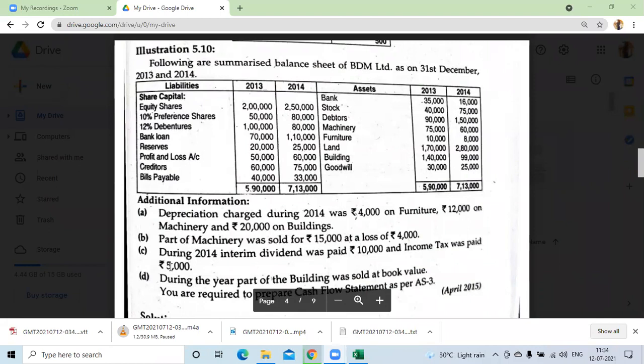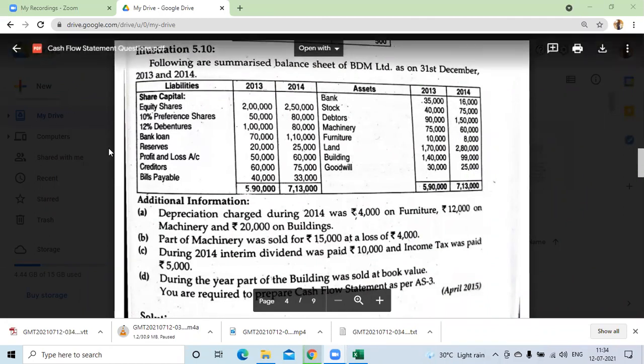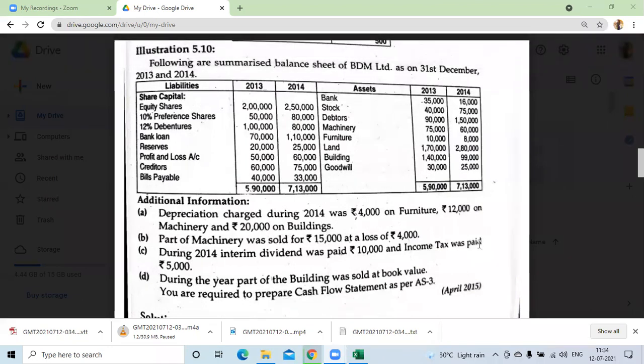First it is proposed, then it is paid. A similar rule is followed for income tax also, if there is no related item in the balance sheet, and in the adjustment only one thing is given and it is paid. So what must be the provision? Same 5,000. So two effects of income tax.